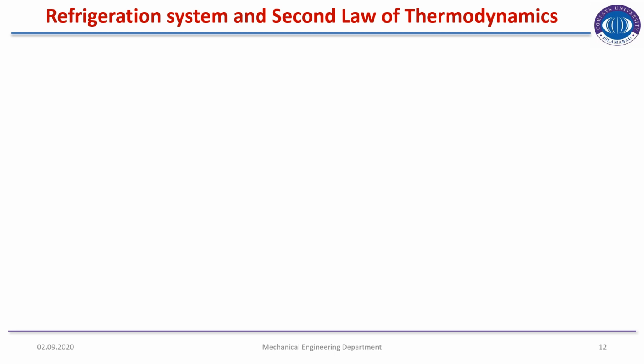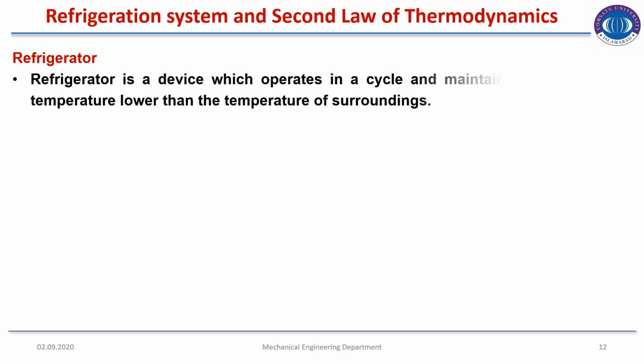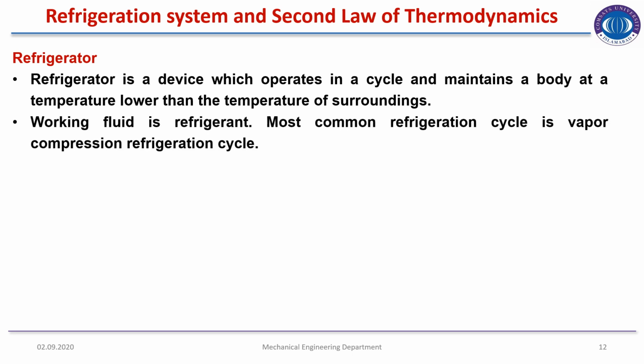Refrigeration system and the second law of thermodynamics. A refrigerator is a device which operates in a cycle and maintains a body at a temperature lower than the temperature of the surroundings. The working fluid is a refrigerant.